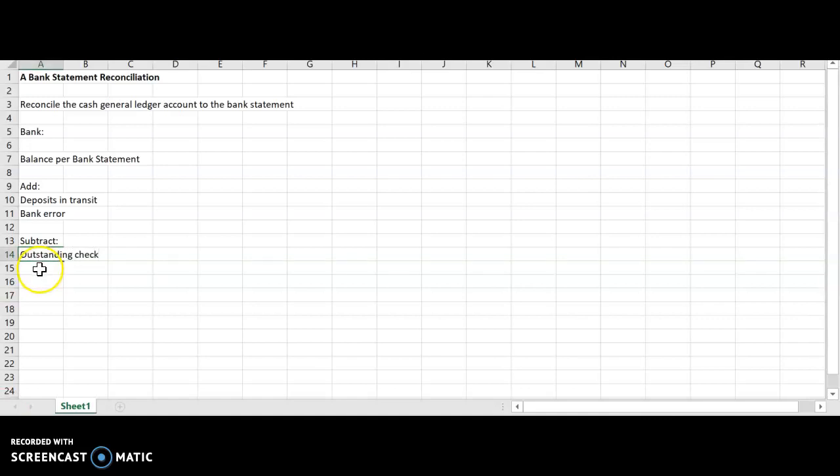And then you could also have a bank error. So if the bank deposited money that did not belong to you into the account, you would call the bank and say, hey, you need to subtract that back out in order to get to the true balance. All right, and then you would start with your balance per bank statement and add and subtract those adjustments and come out to your adjusted bank balance.